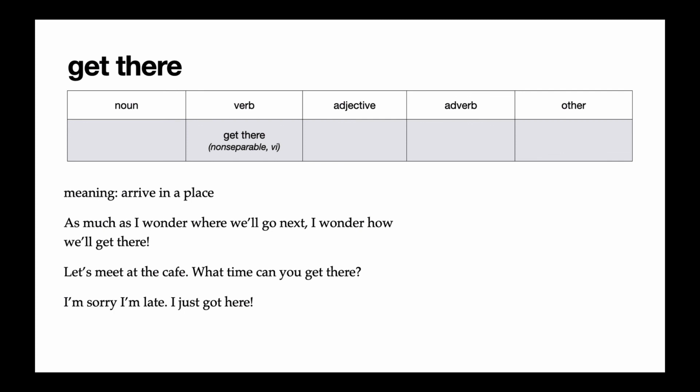And along with get there, we can also say get here. So the last example is, I'm sorry I'm late, I just got here. That means I just arrived right now. And I know it sounds kind of strange, but when we're talking, especially in the United States and in casual conversation, we are much more likely to say get here and get there than arrive.